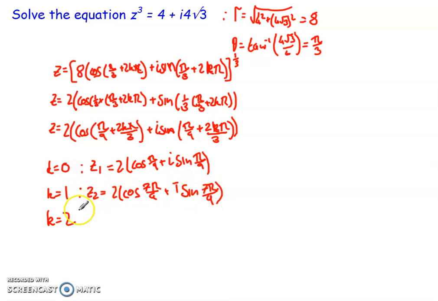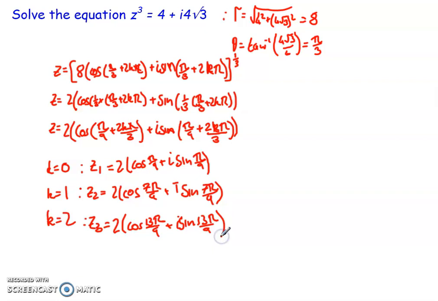And then my third solution I'm going to get when I substitute k equal to 2. So z3 is going to equal 2 bracket cos of 13 pi over 9 plus I sine 13 pi over 9.